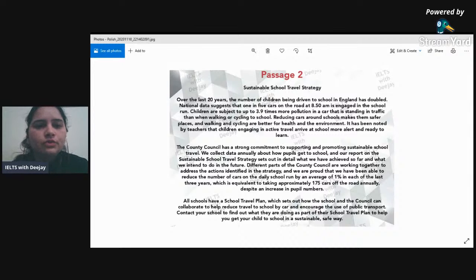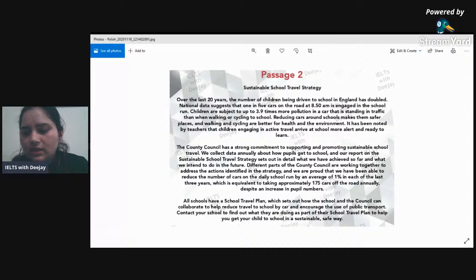The answer for fourth one is false. If you see the information, it's there because the question says that the council is disappointed with the small reduction in the number of cars taking children to school. That the council is disappointed. They're not happy with it.